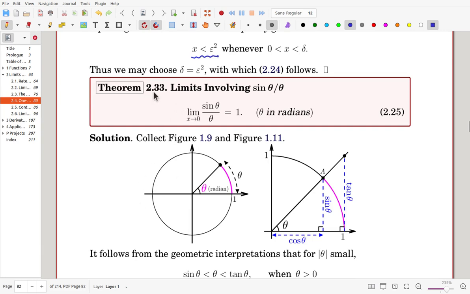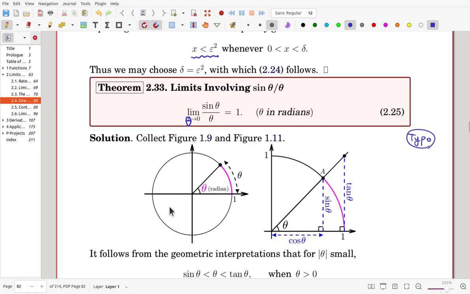Okay, now we'll try to find the limits involving sine theta over theta. This is a typo: rather than x, it must be theta. Okay, I'll fix it. As theta approaches 0, sine theta over theta will be 1. Here we'll prove that.